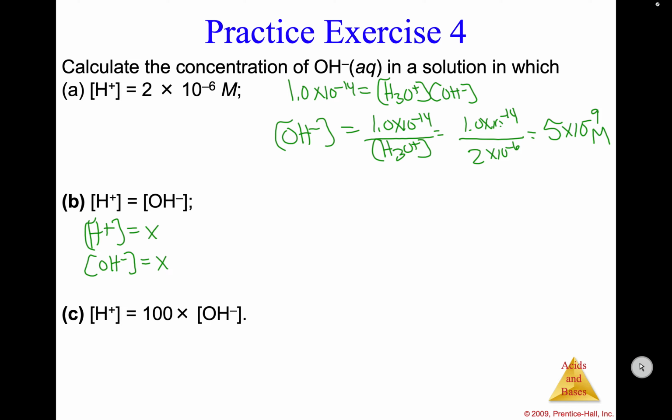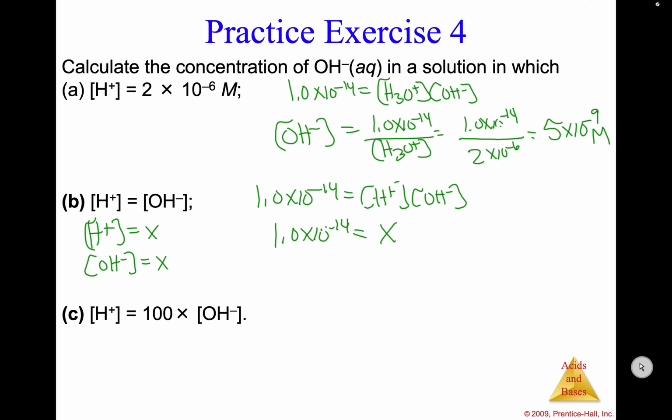So now I can say 1.0 times 10 to the negative 14 equals hydronium times hydroxide. I'm using H plus instead this time to show you how they are interchangeable. So 1.0 times 10 to the negative 14 equals X times X. What is X times X?